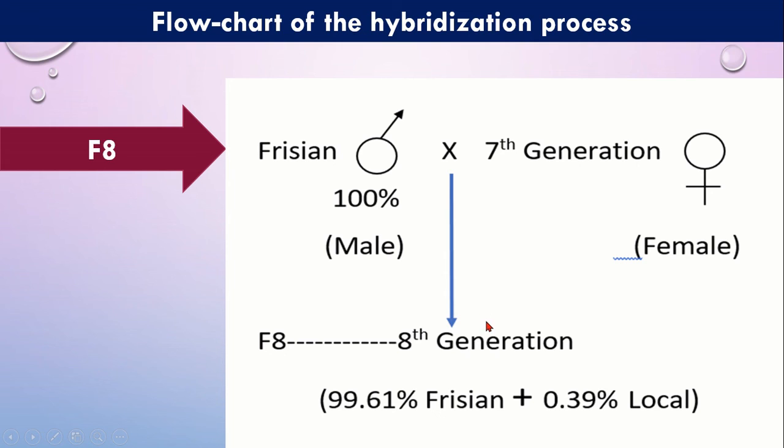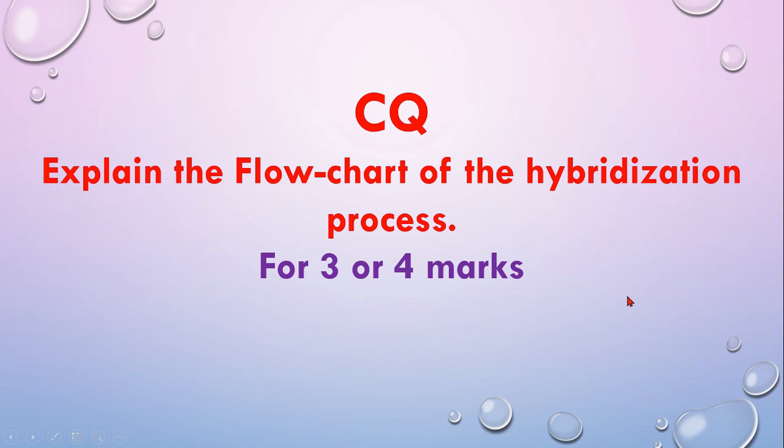So this is simple math you can get for your questions, and you can find these questions altogether in your textbook page number 117, and have a look at the process. This is very easy, simple math. You can get this type of question in your exam. So this is the flowchart of the hybridization process.